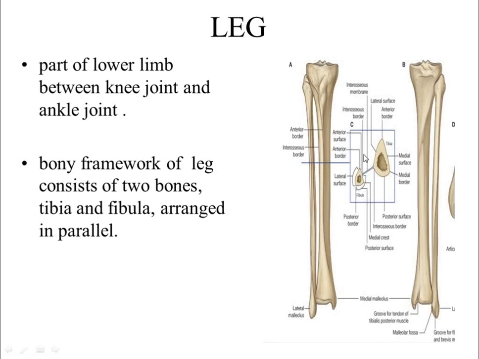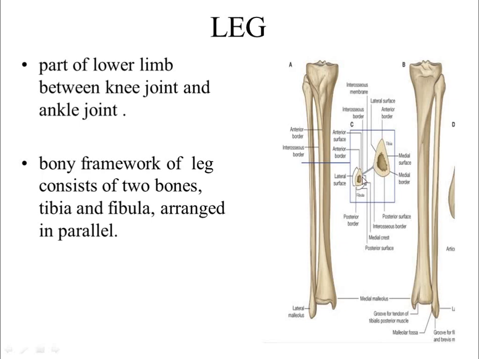As far as the fibula is concerned, again it has an anterior border, a posterior border, and the interosseous border. Between the interosseous border and the anterior border is the anterior or medial surface. Between the anterior and the posterior borders is the lateral surface. And between the posterior border and the interosseous border is the posterior surface.